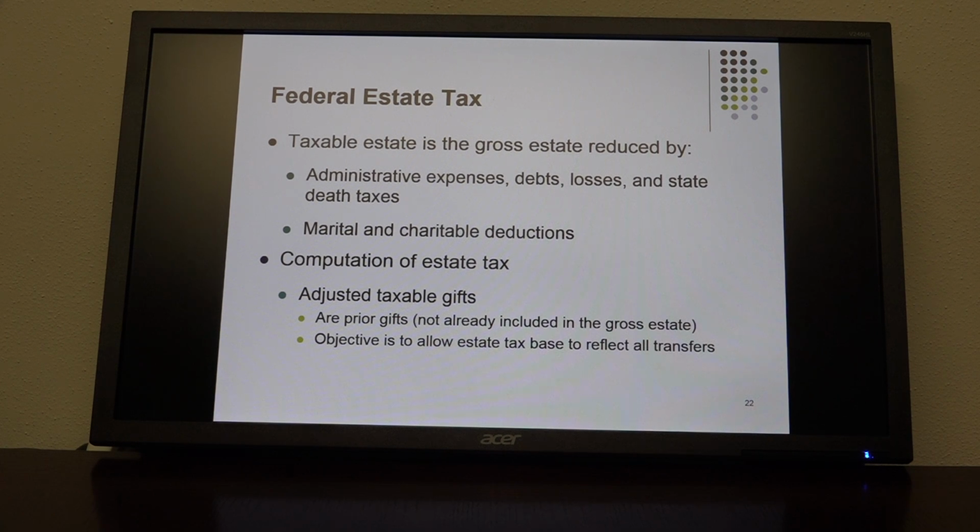The one that we want to talk about is the marital. Well, let's talk about the charitable deduction. As you know, in gift tax, there's an unlimited charitable deduction. The same is true for testamentary charitable gifts.